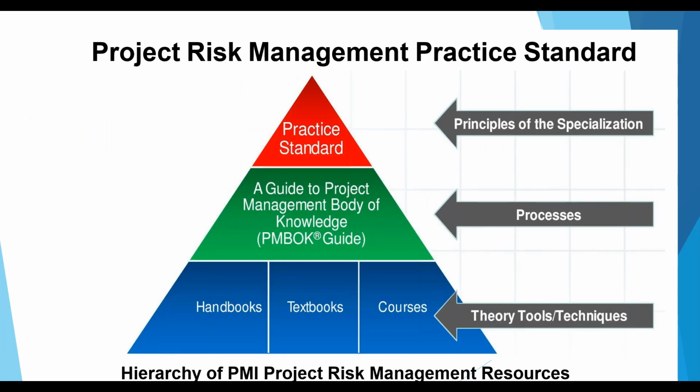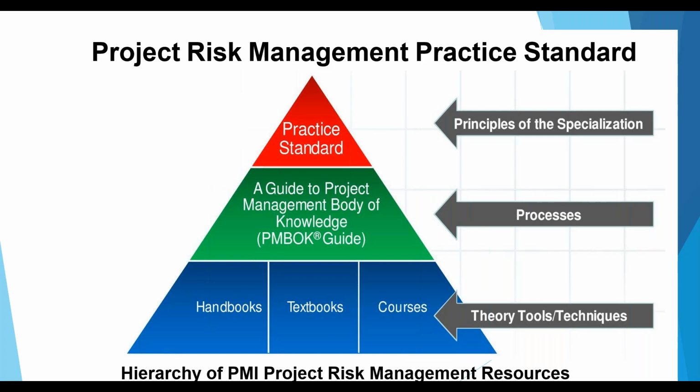Now, in this slide, this is a hierarchy of PMI project risk management resources to be used by project management professionals while managing project risk. And if you can see the diagram, there are three different levels of standards which are referred by the project managers in order to manage their project risk.